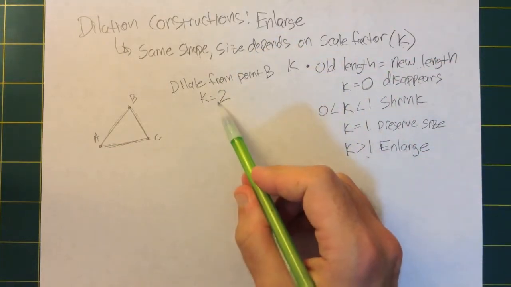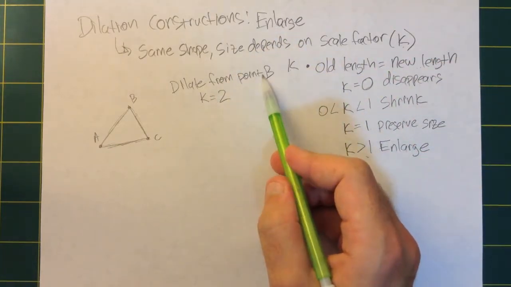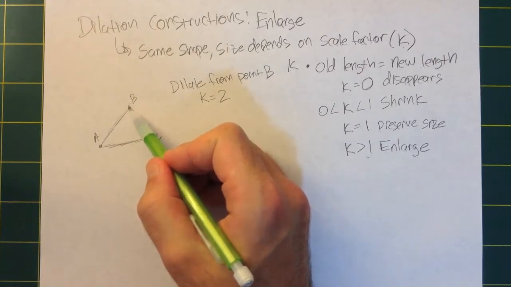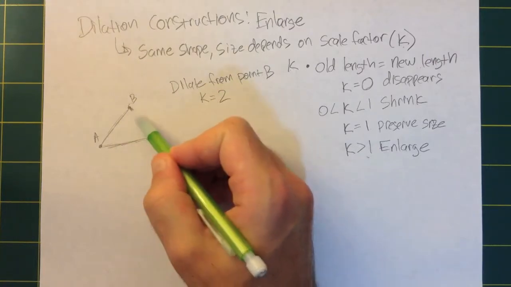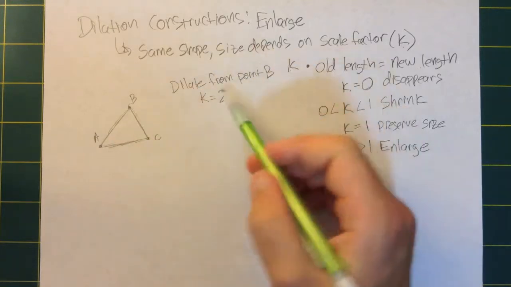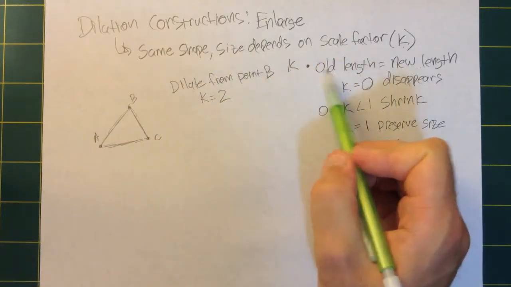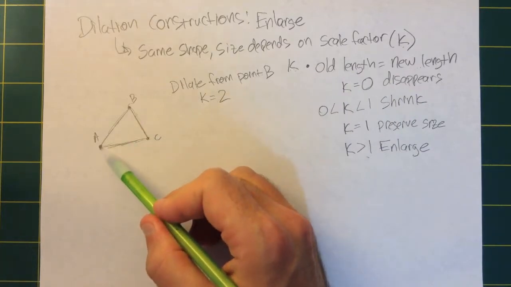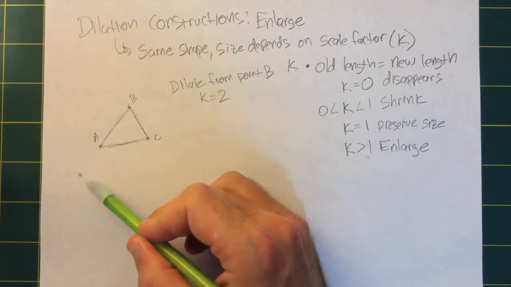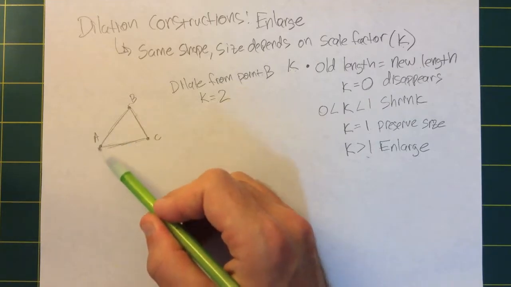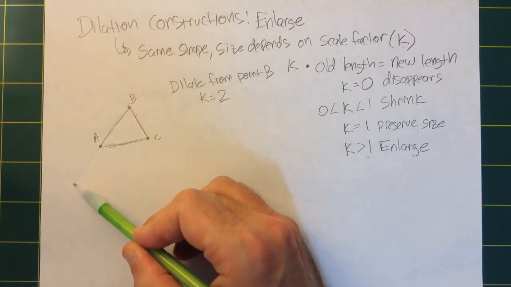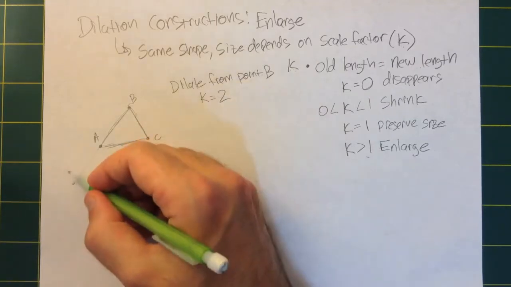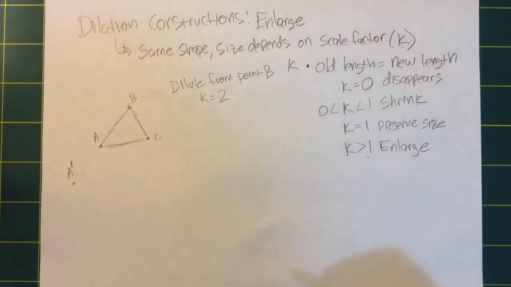If my scale factor is 2 and I'm dilating from point B, I need to go to point B and all the distances from B to any other point on the shape, they need to get scaled up by a factor of 2. So whatever the distance is from B to A, I need to take that distance and double it. So however long this is, I'm going to put another one of them over here, and that's where A prime is going to be.